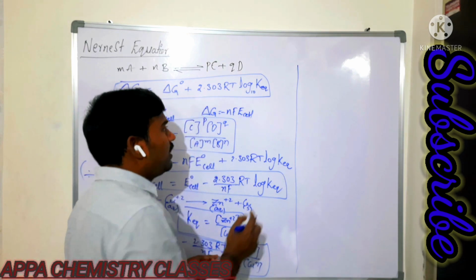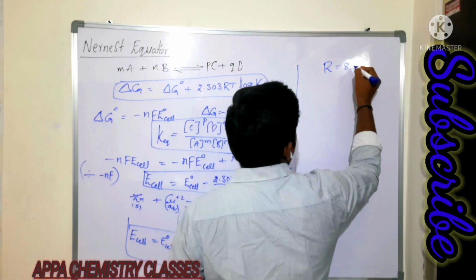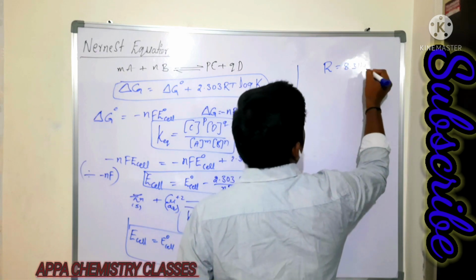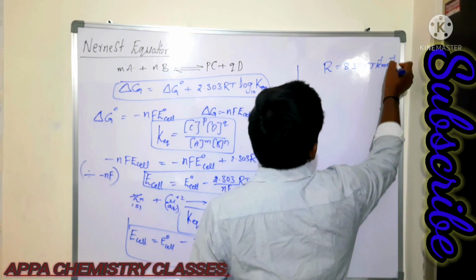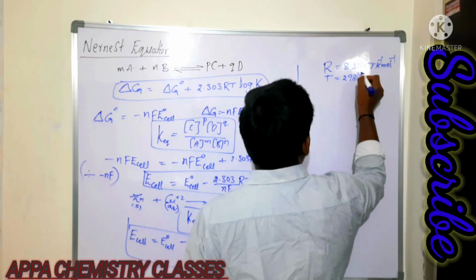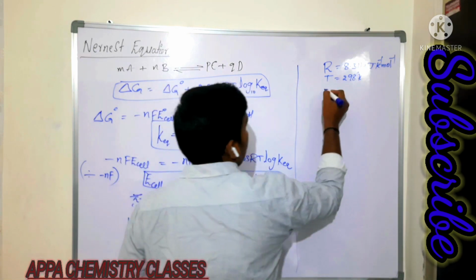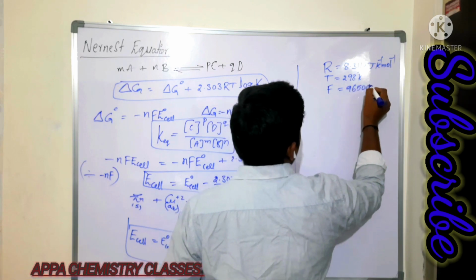Now you see here, we know that R value at standard condition I am taking as 8.314 joules per Kelvin per mole. Temperature I am substituting as 298 Kelvin, and F is the Faraday constant, that is 96,500 coulombs.